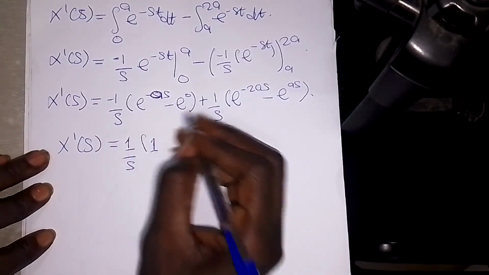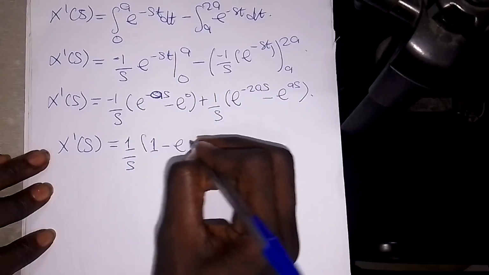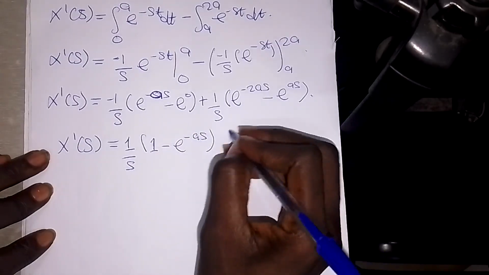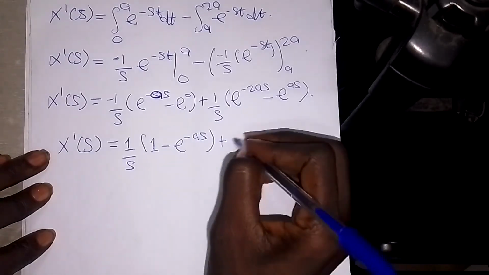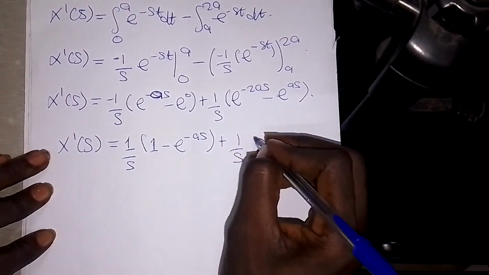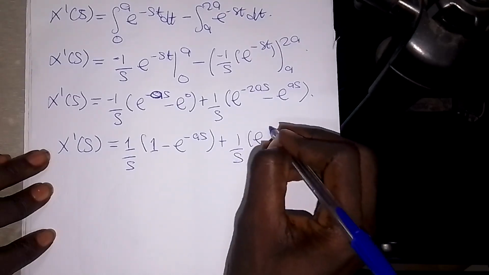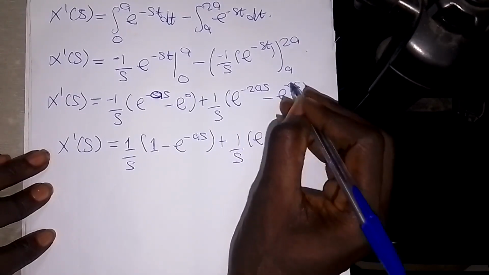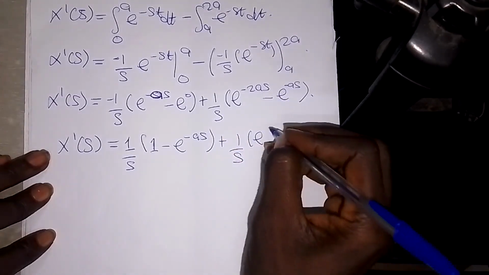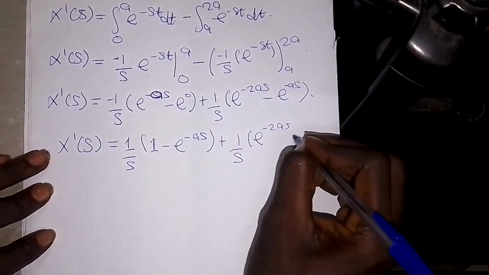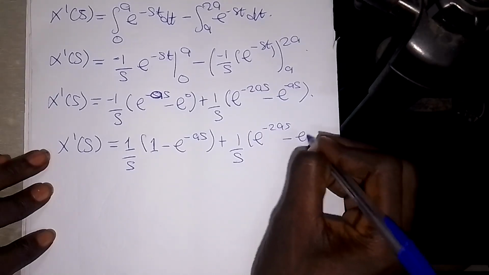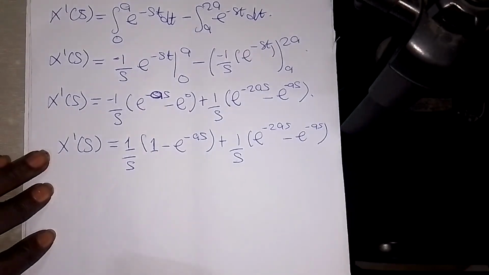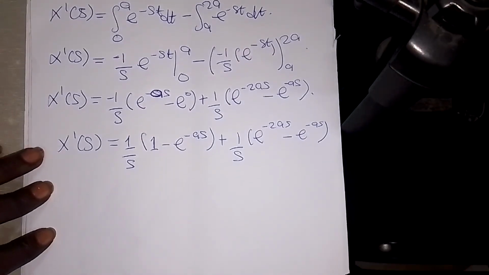If I multiply by this I'll get negative, so this one I'll write minus e to the minus as. Then here plus, so it will remain as it is. Plus here e to the minus, please, here is supposed to be minus also. So e to the minus 2as, minus e to the minus as. Okay, so basically this is what you're going to get.